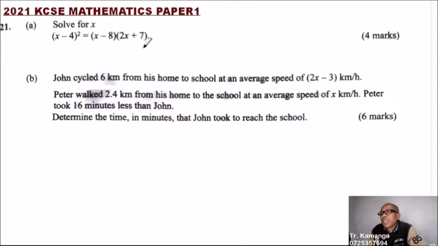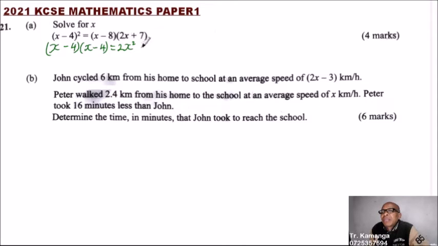To solve this, we need to expand, and once we expand, you'll be able to get a quadratic equation and you can solve. So we can write it as x(x - 4)(x - 4) is equal to, then we expand this: x multiplied by 2x is 2x squared.